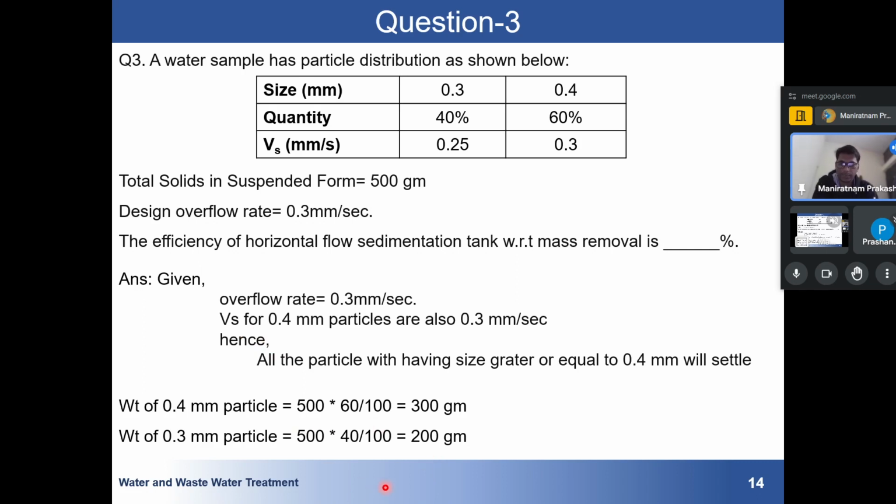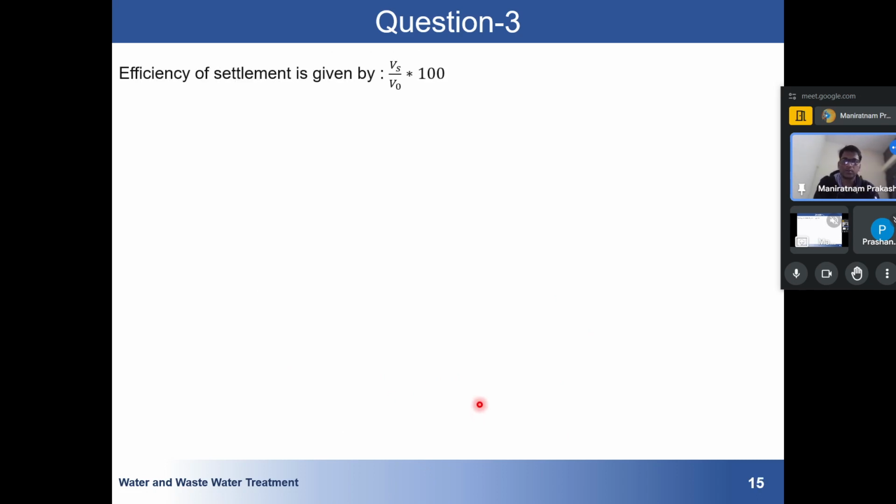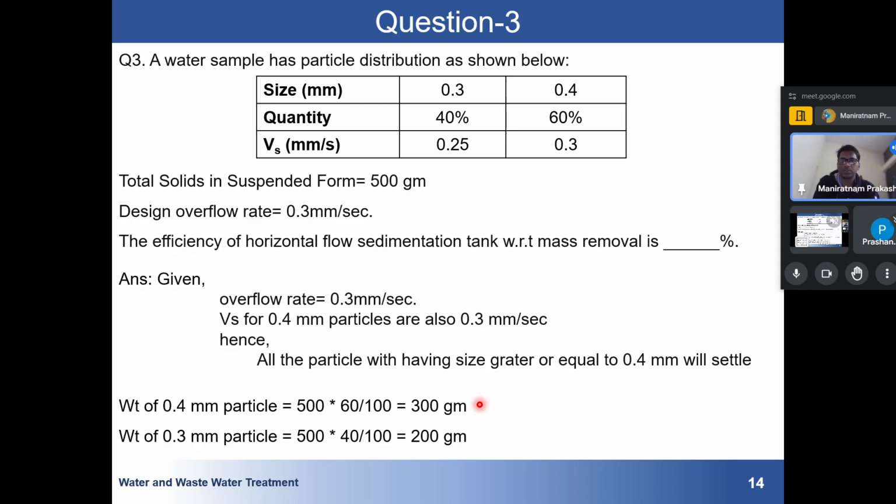So that will have a weight of 200 gram. Till now I can say that all these 300 gram will settle down. The question is how much out of 200 gram of 0.3 mm particle will settle down.